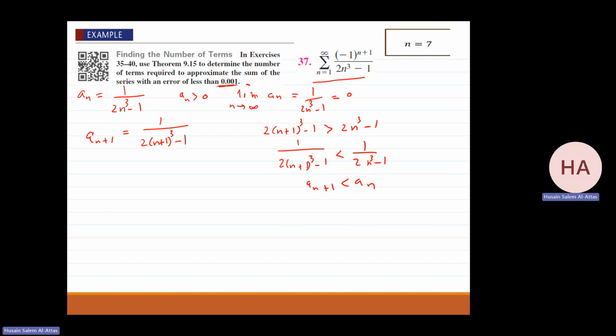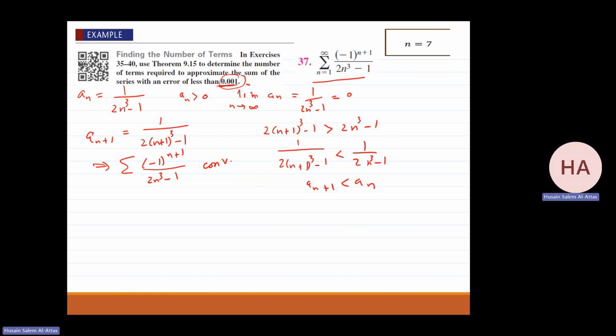All conditions are satisfied, so this alternating series will converge.